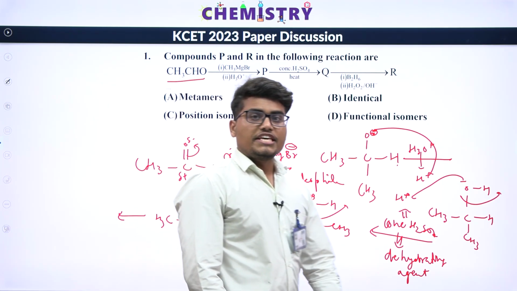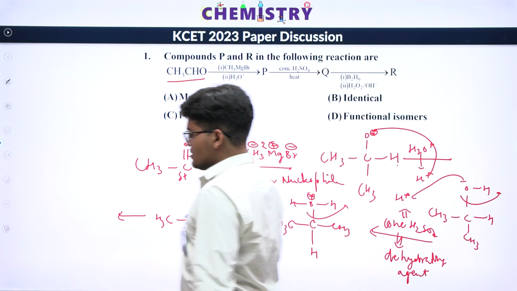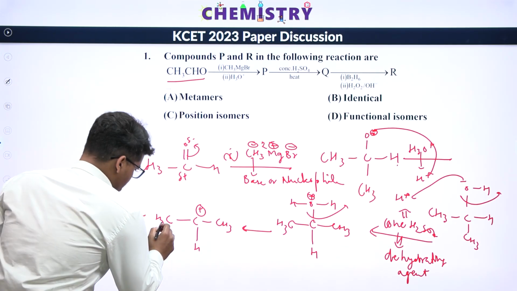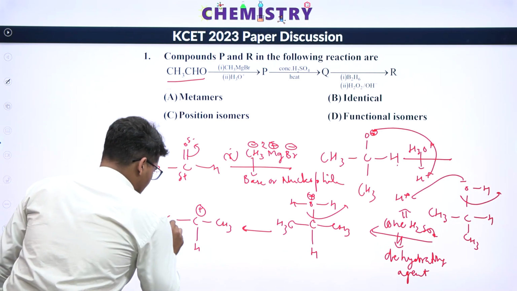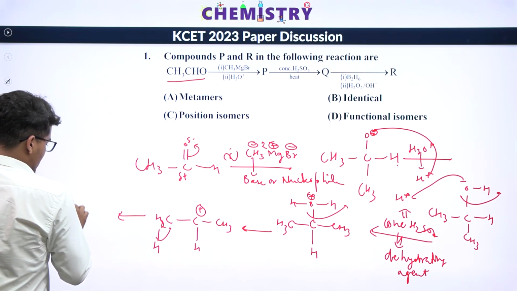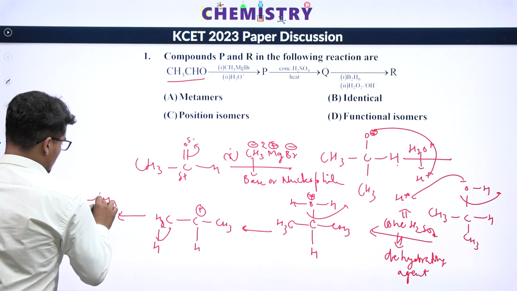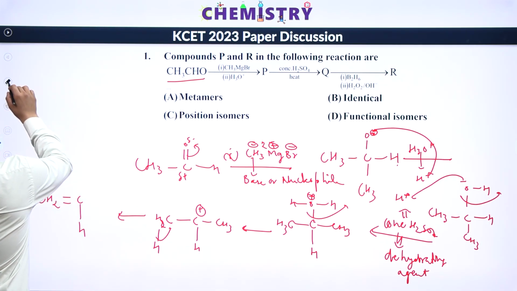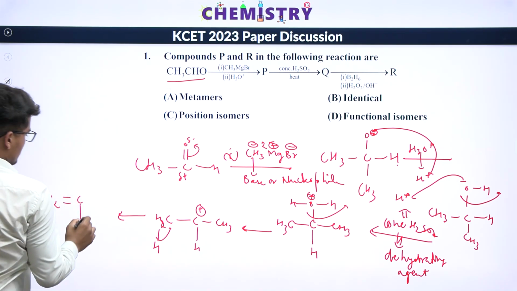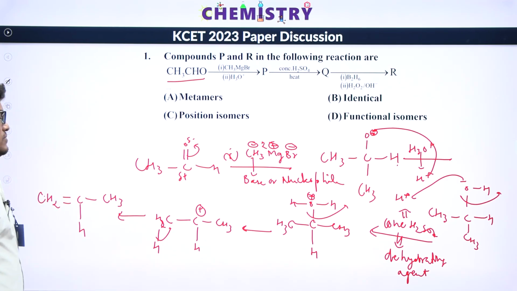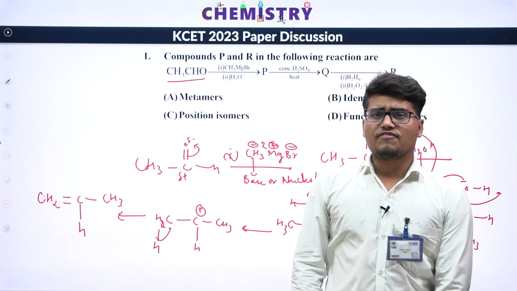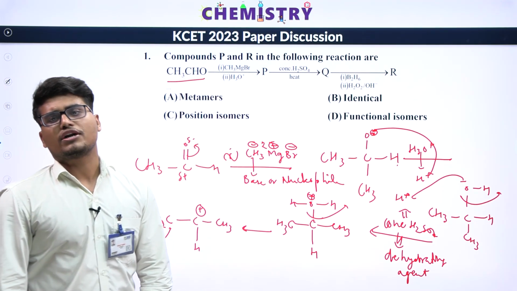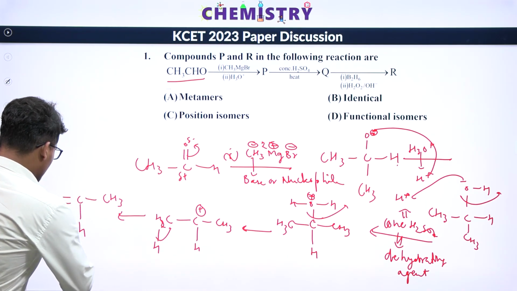This is a part of E1 elimination. In E1 elimination there is first a formation of the carbocation, and the remaining H plus is removed from this carbon, and an alkene forms. It is just like alpha-beta elimination: from the alpha carbon there is a removal of the leaving group and from the beta position there is a removal of hydrogen, so an alkene forms.